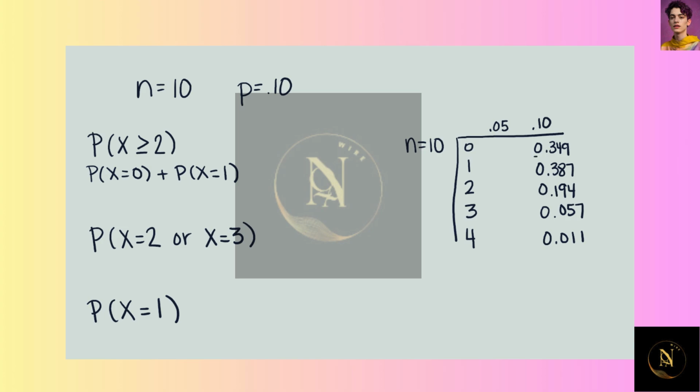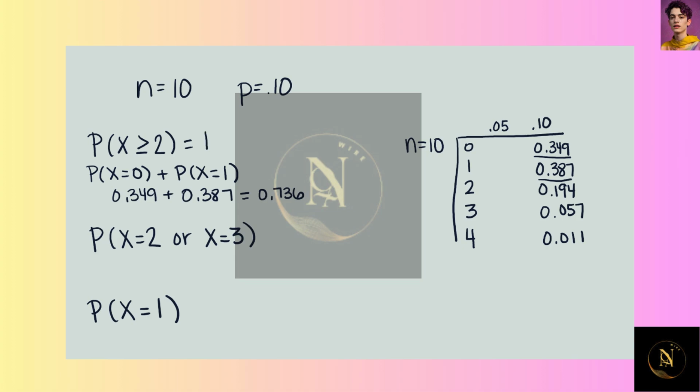So when I look at this table, 0 is 0.349, and the probability that 1 person has seen a UFO is 0.387. So when I add those together, I get 0.736. Now that was the probability that no one has seen a UFO and exactly 1 person has seen a UFO.